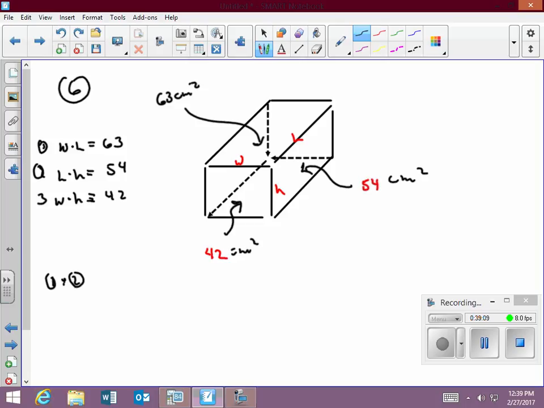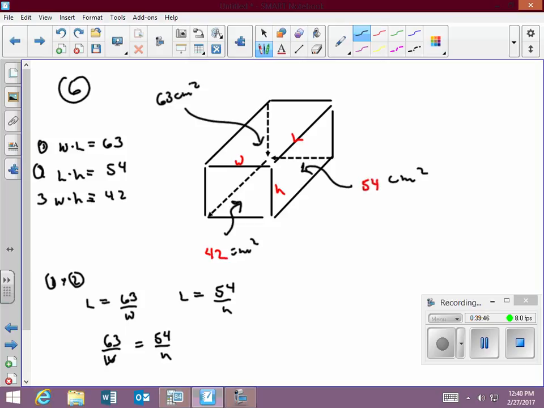We could go length equals 63 over width, and then you could do length equals 54 over height. And then you could go 63 times the width equals 54 times the height. And then solve for one or the other of those.